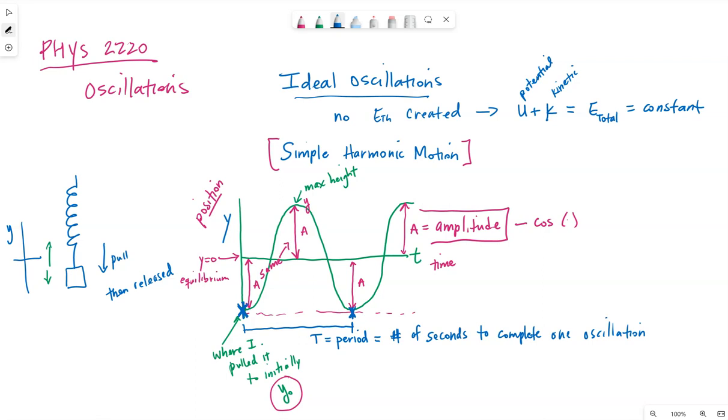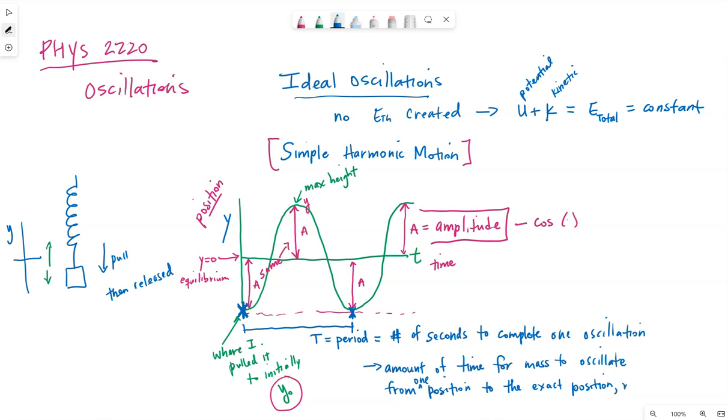What that means is it's the amount of time for the mass to oscillate from one position to the exact same position.